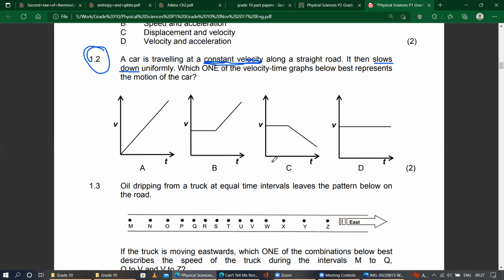So graphs aren't that hard to interpret, as you can see. If this is a question, I know it would be easy because they're giving us the graphs and just telling us to pick one. But would they ask me to draw one? That's why you have an issue.